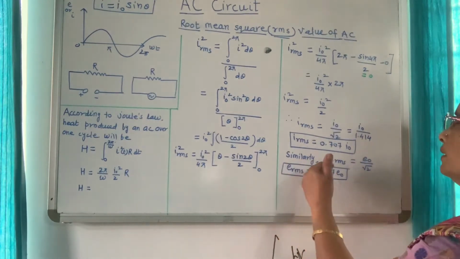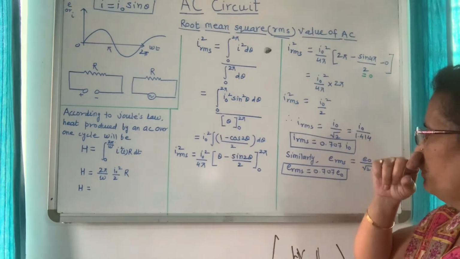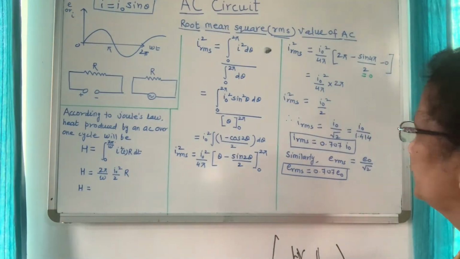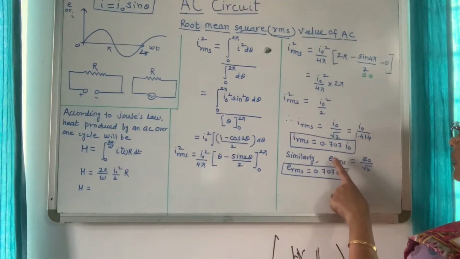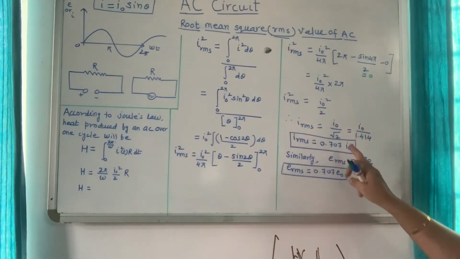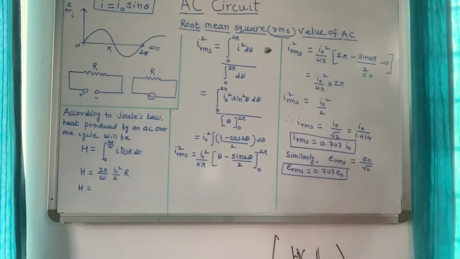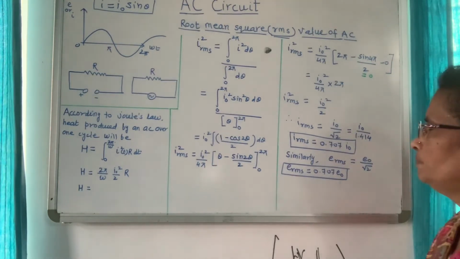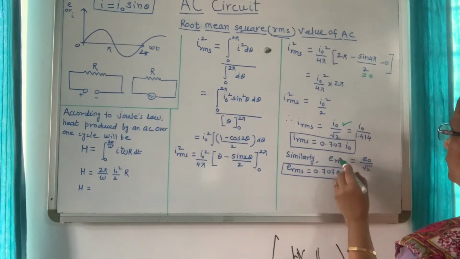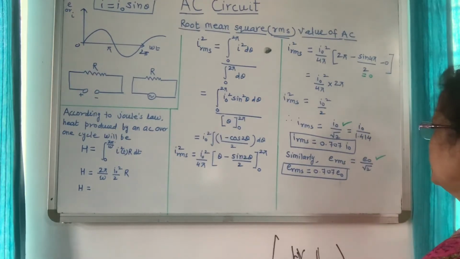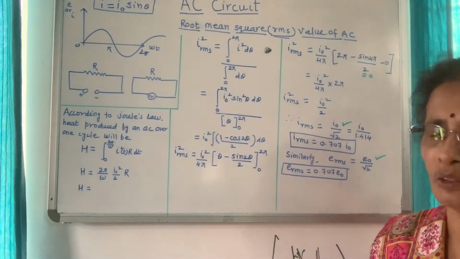Similarly, we can show for EMF also, the alternating EMF, or the virtual or effective EMF: the RMS value is equal to E0 upon root 2, so it comes out to 0.707 times E0. These relations are very important for solving problems. E RMS is E0 upon root 2, I RMS is I0 upon root 2.